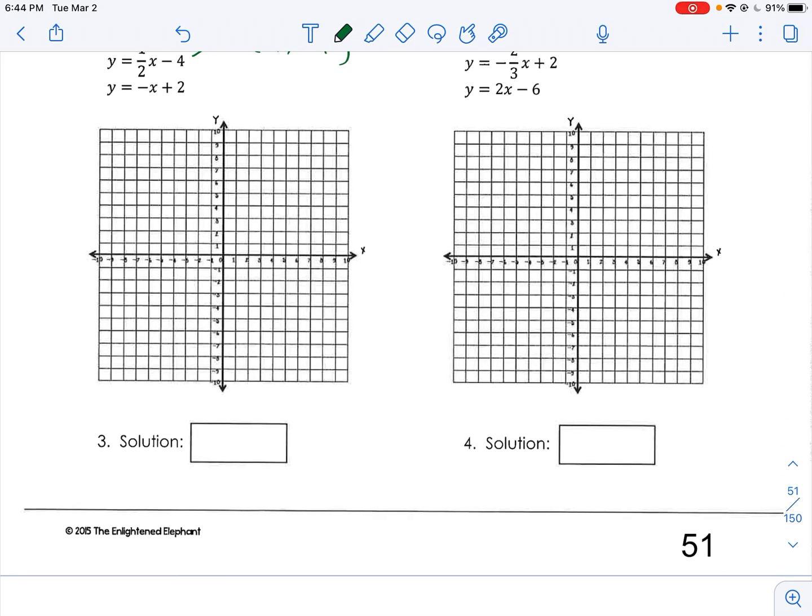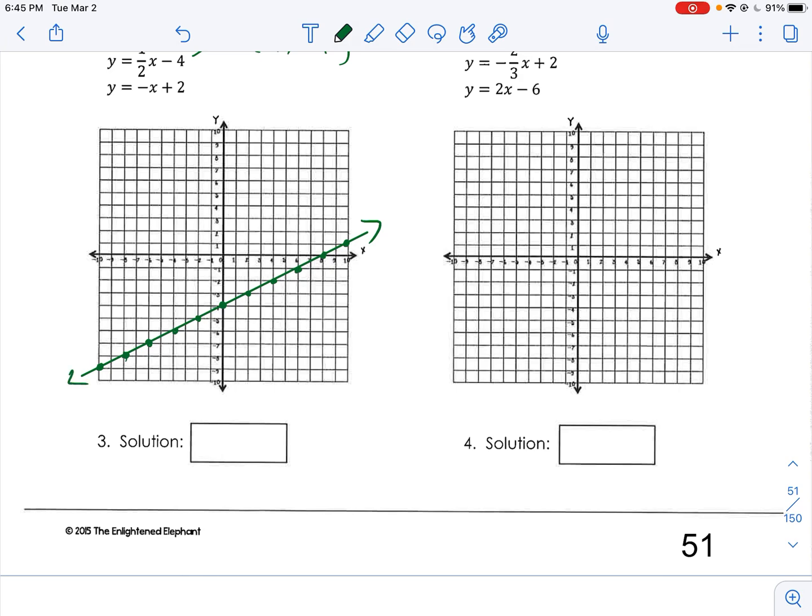So I go down to -4, then up 1 over 2, up 1 over 2, or from the y-intercept, down 1 to the left 2, down 1 to the left 2. Okay, so now I draw a line that hopefully goes through all of them.